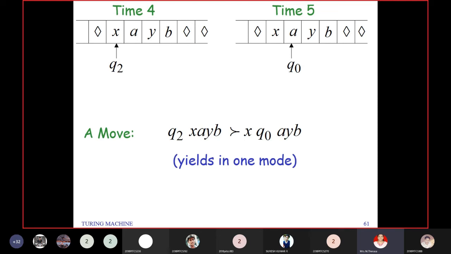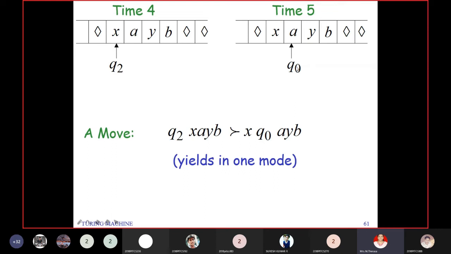So how can you represent it as an instantaneous description? So at the left hand side you have blank, so no need to mention it. But Q2 is the current state, and the input head is pointing to X, and the remaining is A, Y, B.